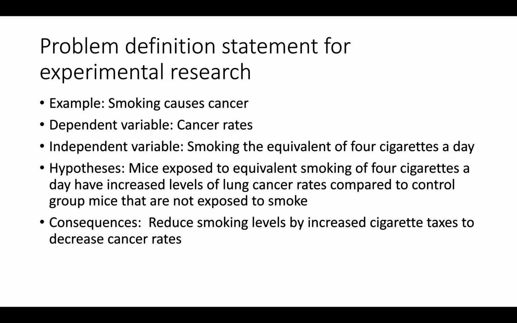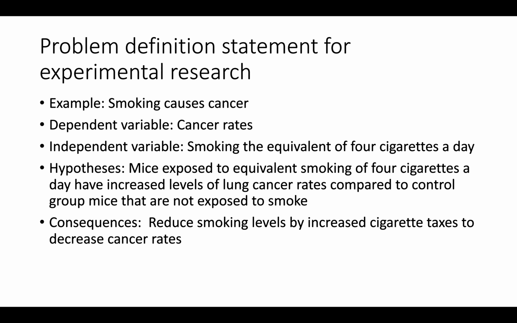So this study hypothesizes that if we have two groups of mice, one the control group and the other the treatment group, and if we expose the treatment group to smoke from cigarettes equivalent of smoking 4 cigarettes a day, then they will have increased cancer rates compared to control group mice that are not exposed to smoke.